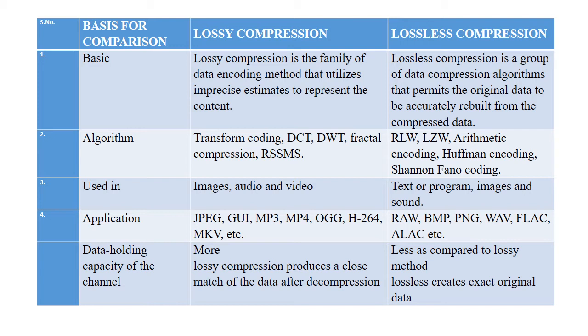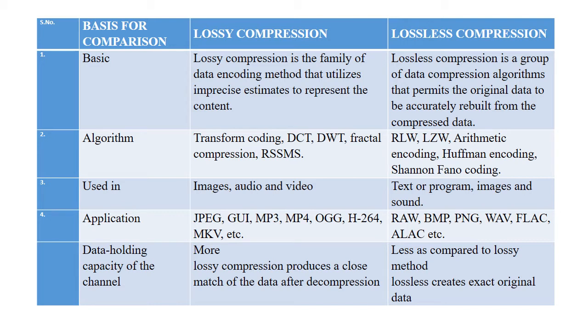Then what are the basic applications of lossy compression? JPEG, GIF, MP3, MP4. These are the different application standards we use for lossy compression. Similarly, lossless compression has bitmap, PNG, WAV, ALAC, etc. These are the different formats used for lossless compression. Next, the data holding capacity of the channel.